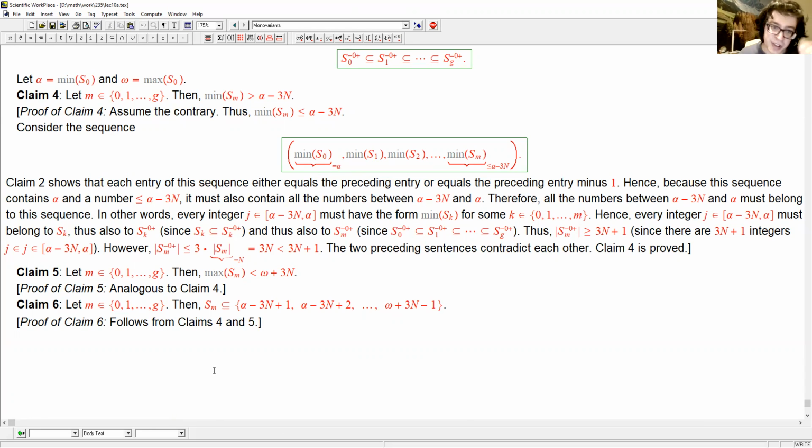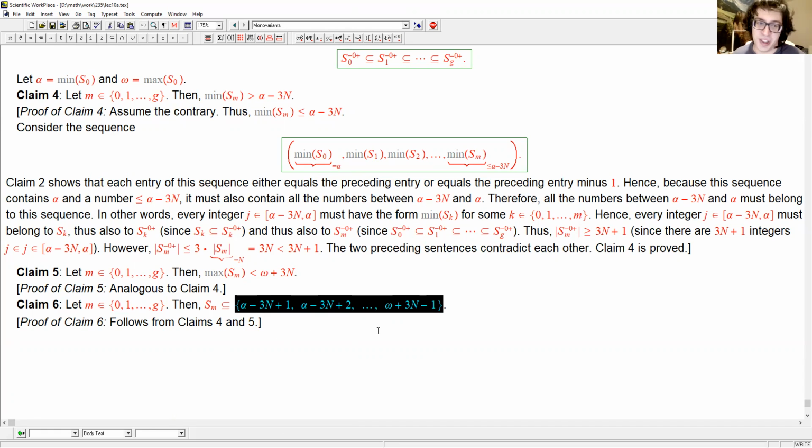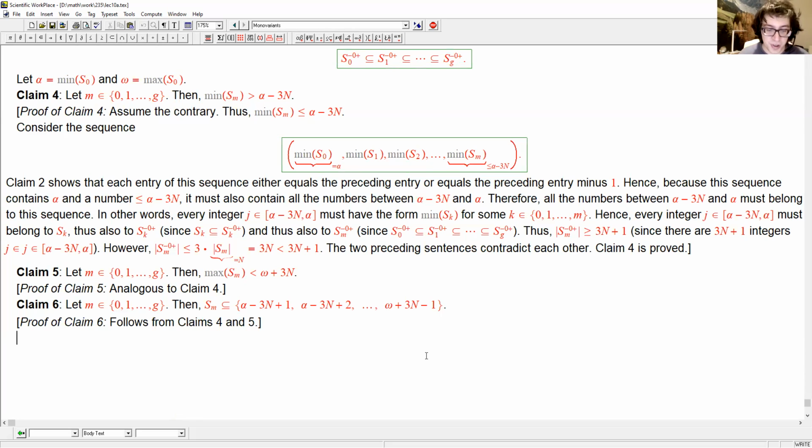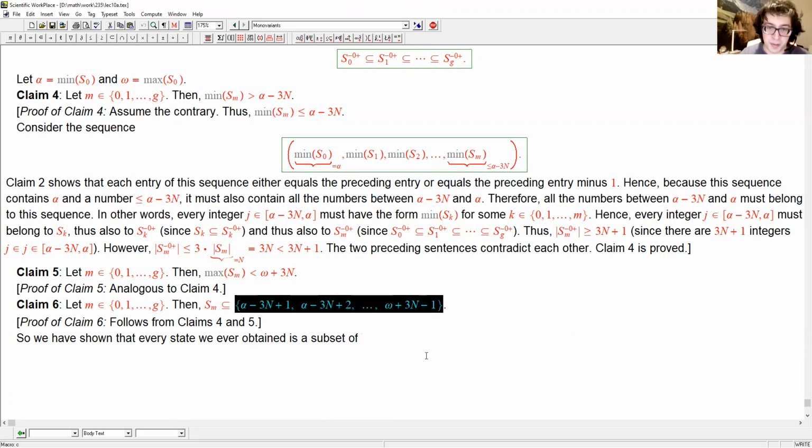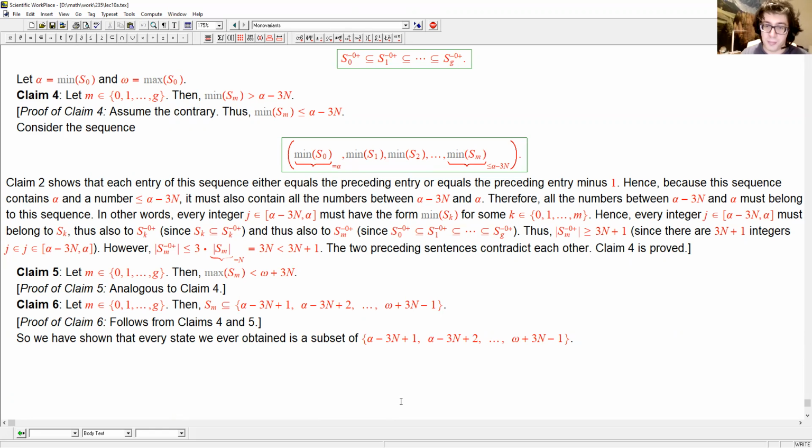I leave you the details. What is important is that this is a finite set that does not depend on Sm. It only depends on the starting state. Alpha is the leftmost occupied room at the start, omega the rightmost, n is the number of violinists. This might be a big set, but it's a finite set. So we have shown that every state we ever obtain from our starting state is a subset of this.